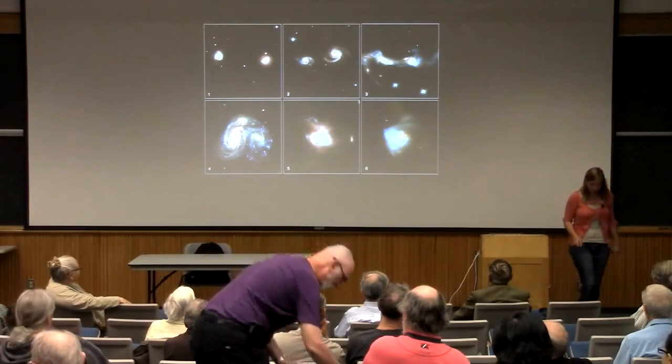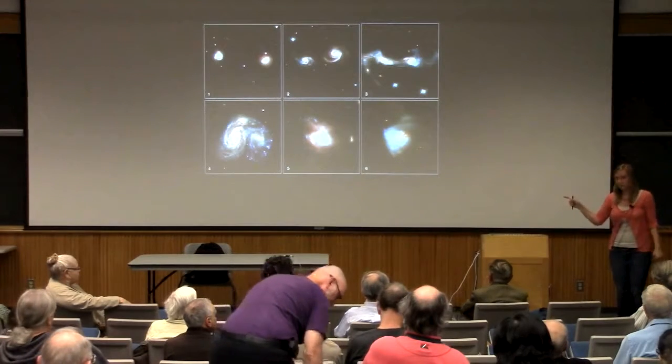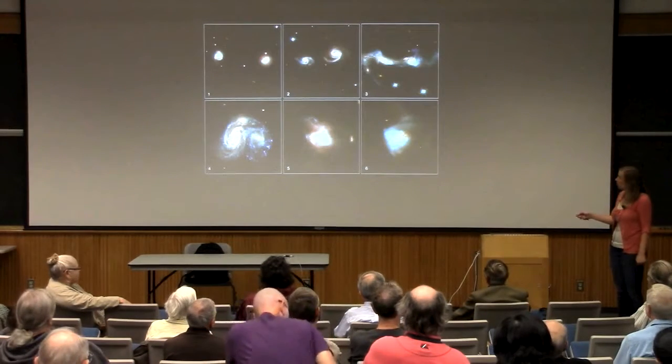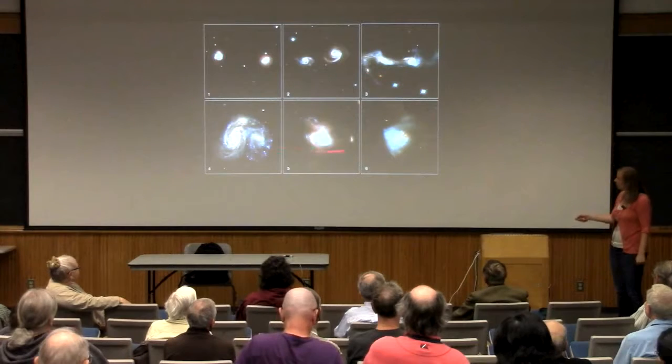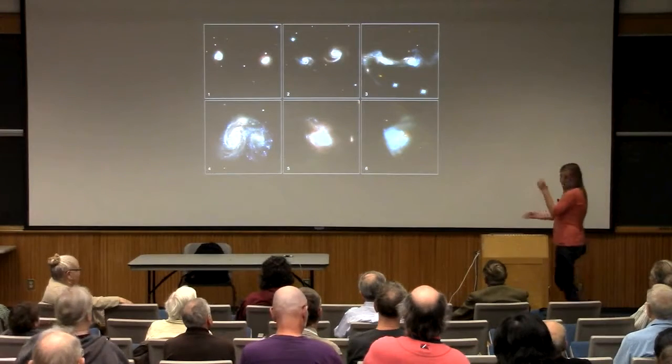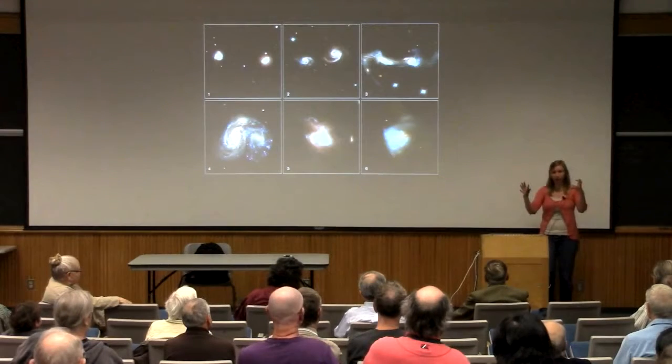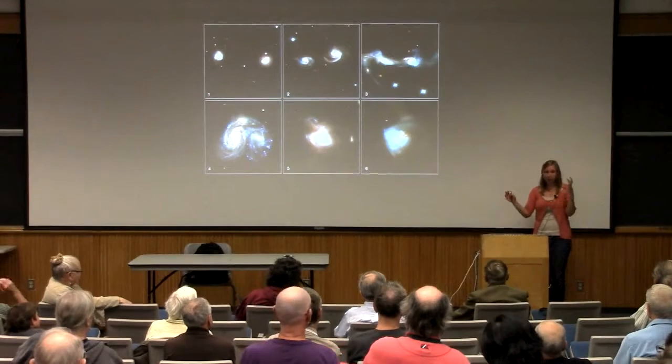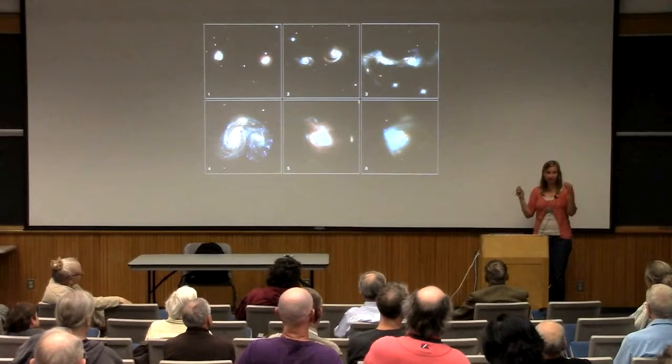Okay, so here again, you can only see galaxies at one point in time. So these are just different photos, but they're put into an order in which we think this might actually happen. But then the big question is, you can merge two big spiral galaxies together and in the end make an elliptical galaxy, but is that really the case?